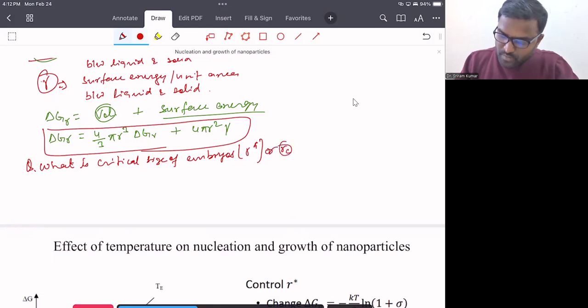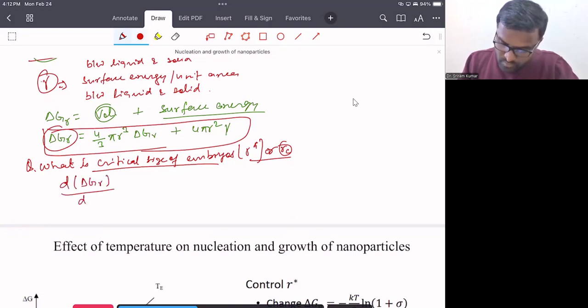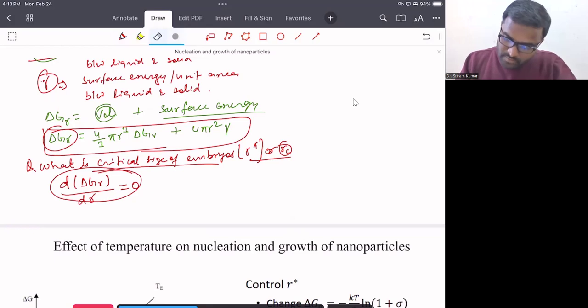So that is the critical size. If you want to know the critical size of the embryos, we can differentiate ΔG(r) with respect to r and make that 0. That is the condition. If you put this condition there, we will get the maximum R value here.